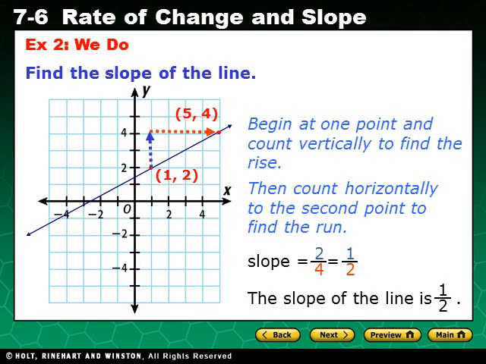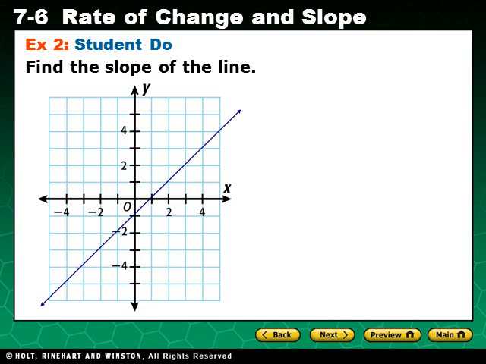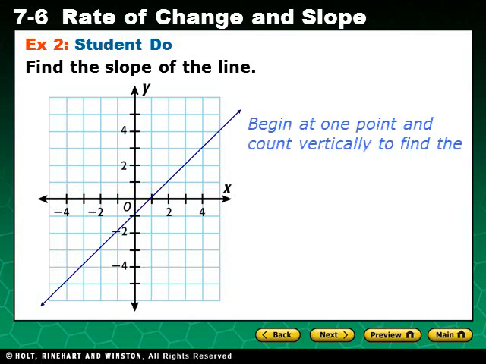Next one. Okay, you try this one. Find some points where they're at the corner of those little graphing squares. So let's use this point right here, -1, -2. And now we're going to use this point over here. So we're going to have to go up 1, 2, 3, 4 spaces.